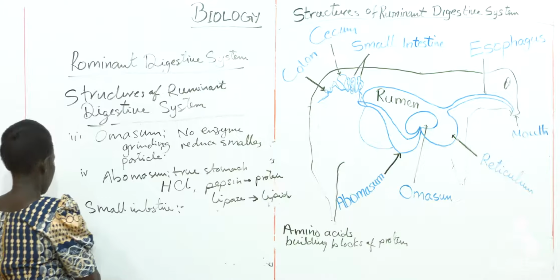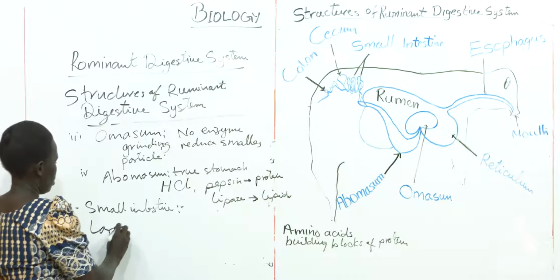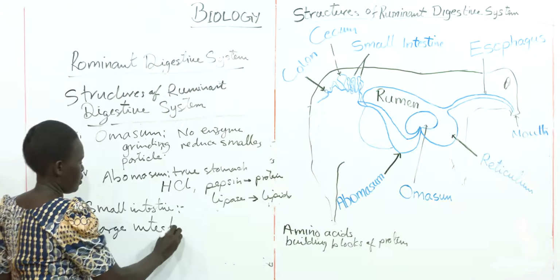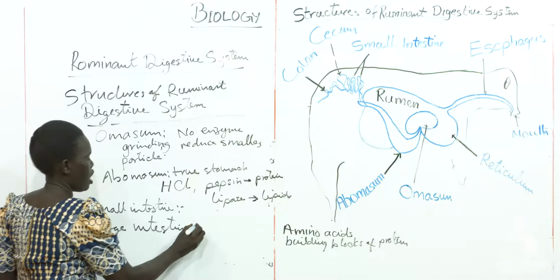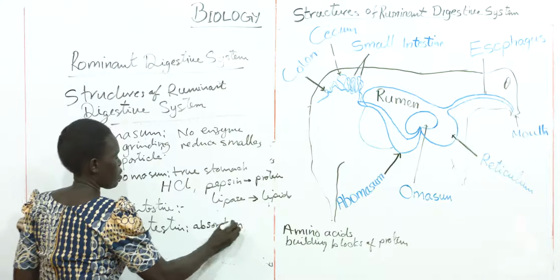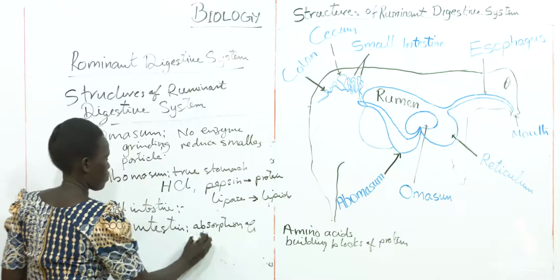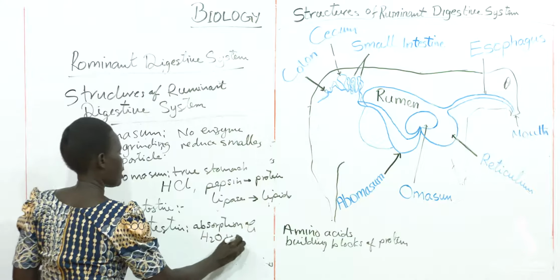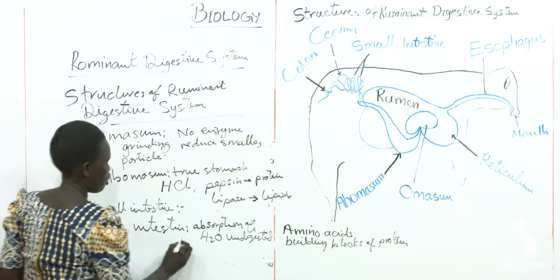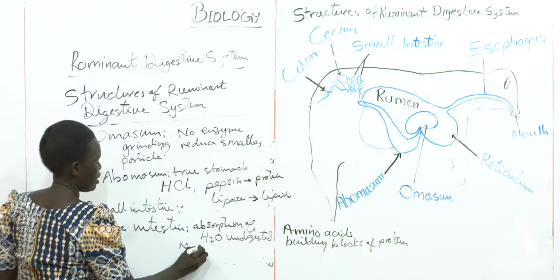The fifth one is the large intestine. These are absorption of water from undigested food. Then the waste material is removed out of the body.